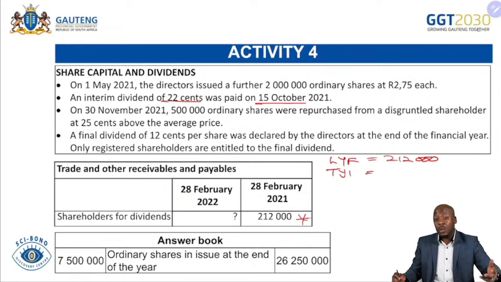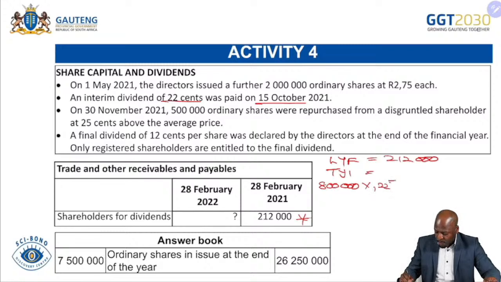When you had done note number 7, you would have found the number of shares you had when the interim dividend was declared. You would say your 800,000 shares multiplied by the 22 cents.